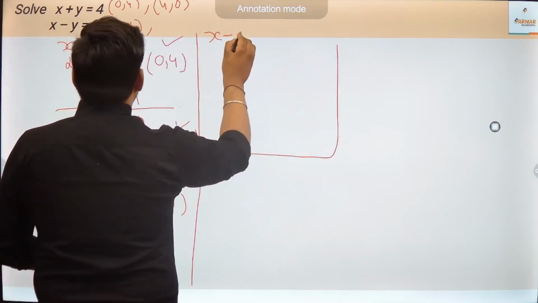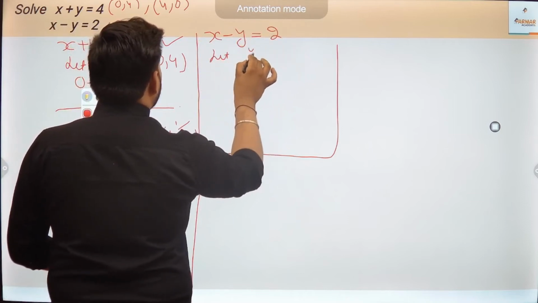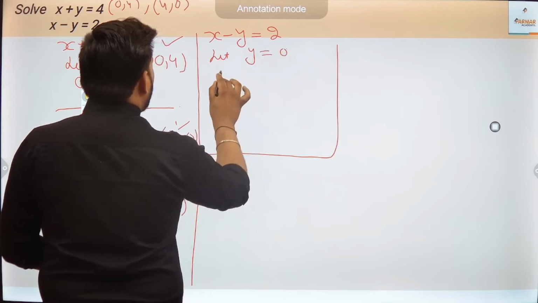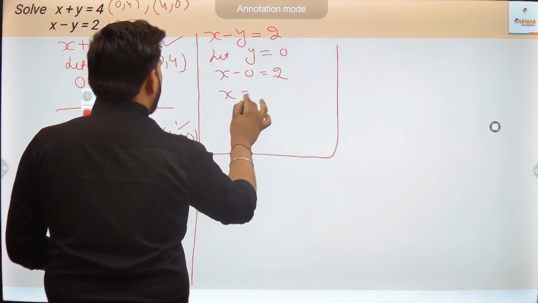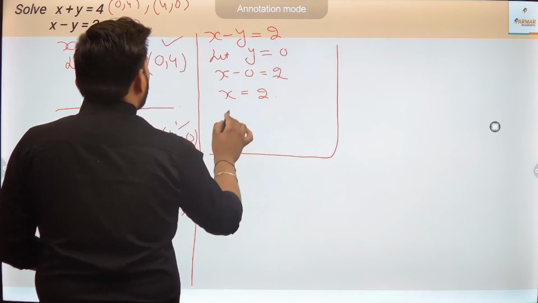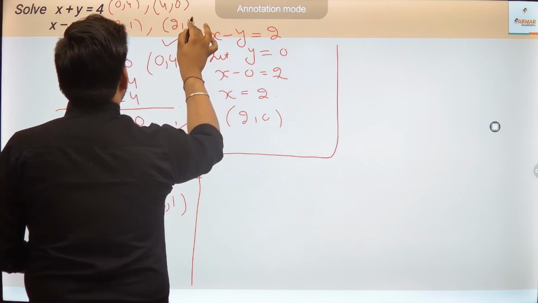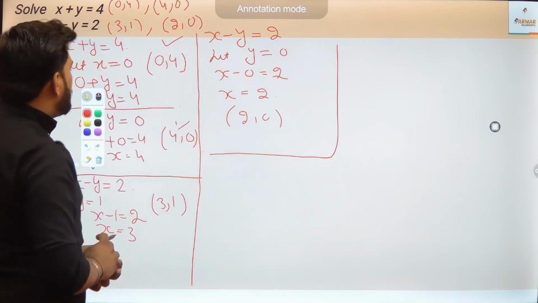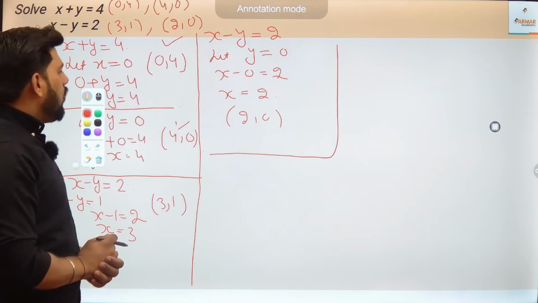X minus y is equal to 2. Let y is equal to 0. That gives x minus 0 equal to 2, and the solution is x is equal to 2. Solution is 2 comma 0. And the second solution for this x minus y is equal to 2 equation is 2 comma 0.